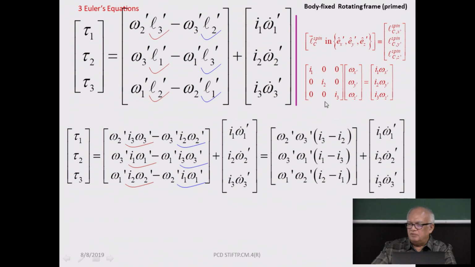The third component will be given by this, and you can write these components L3 prime and L2 prime in terms of the principal components of the moment of inertia, the small I1, small I2 and small I3, which are the diagonal elements, and the three components of the angular velocity in the principal basis.